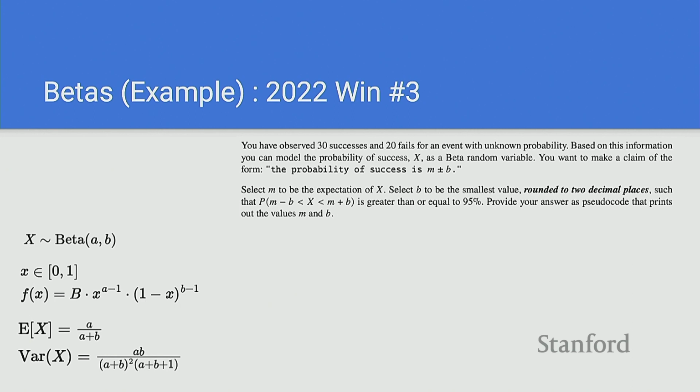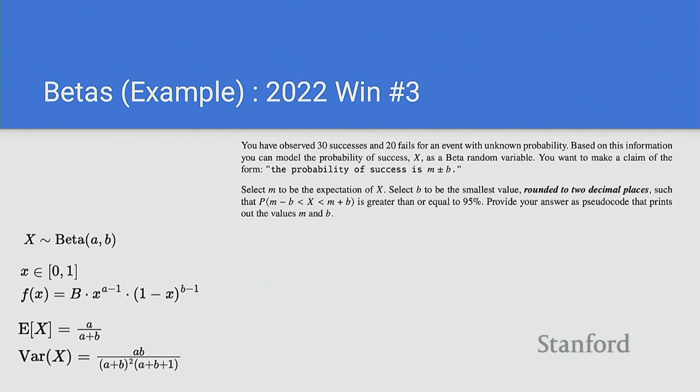We want to make a claim of the form, the probability of success is m plus or minus b. So we need to select m to be the expectation of x, select b to be the smallest value rounded to 2 decimal places such that the probability of x being between m minus b and m plus b is greater than or equal to 95%, and provide your answer as a pseudocode that prints out the values m and b.